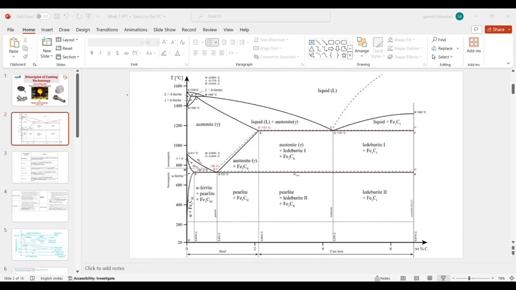So what is happening here is we first miss the nose. So we are not getting this gamma plus pearlite, sorry, it will not go like this, it will be cooled down from here only. So you will get some retained austenite and pearlite phases in the structure.